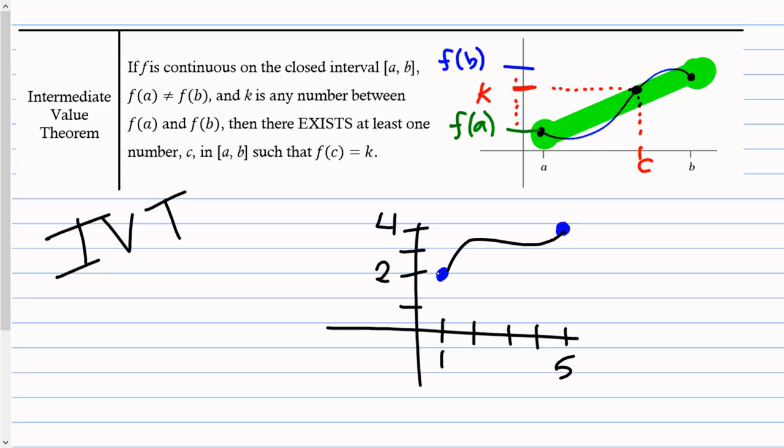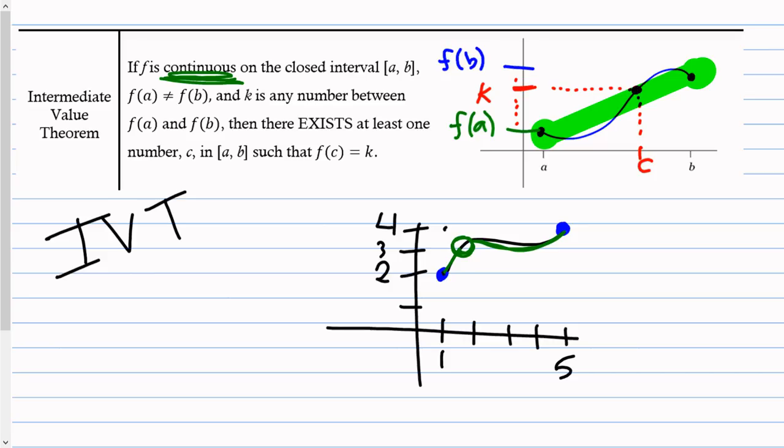Well, in order to get from 2 to 4, I have to pass by 3. I'm not just going to miraculously have a graph that skips 3 and goes to 5. Yeah, this could happen if we have holes, but in order for this theorem to work, the function has to be continuous, so therefore the hole won't work.